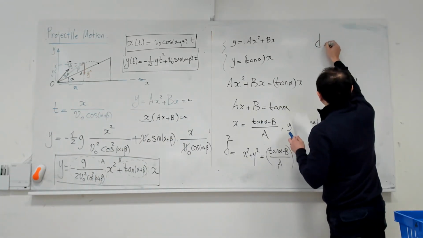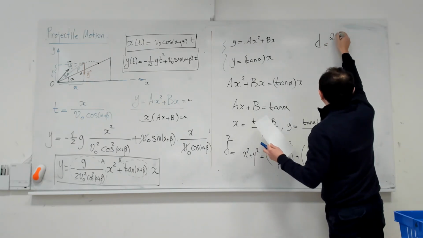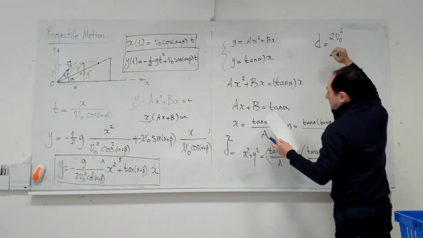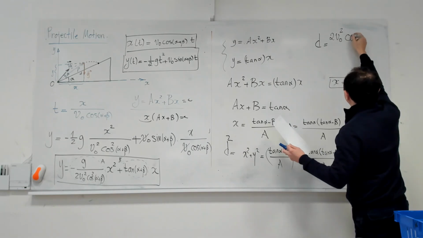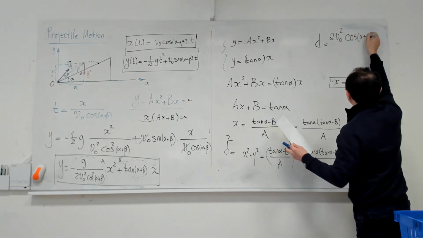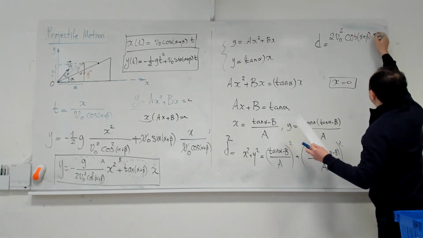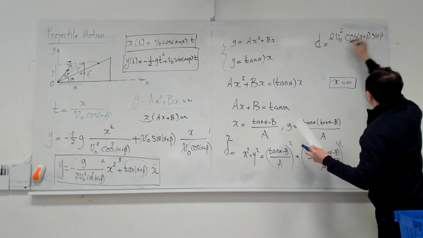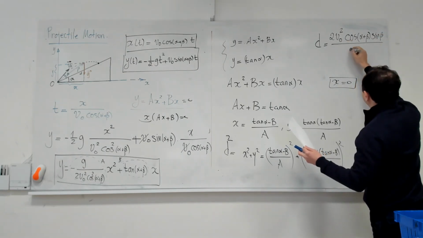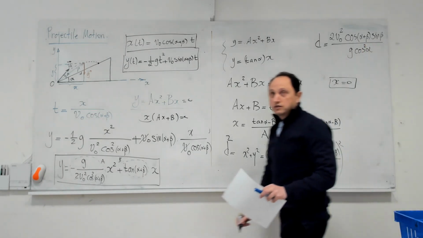D is equal to 2 v naught squared cosine of alpha plus beta times sine beta divided by, I hope that I haven't made a mistake taking notes, but you're supposed to show this one.